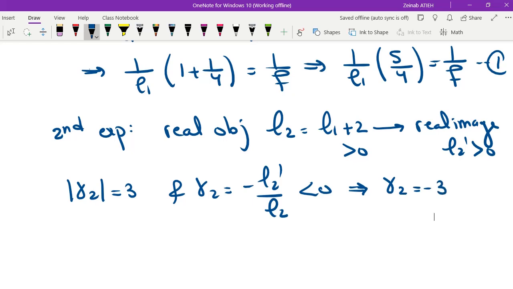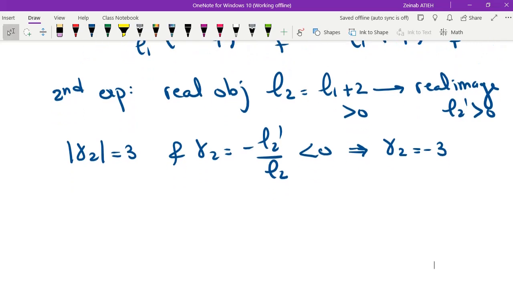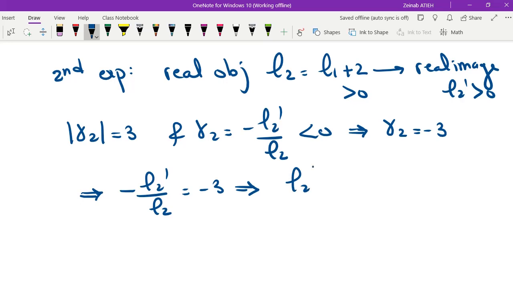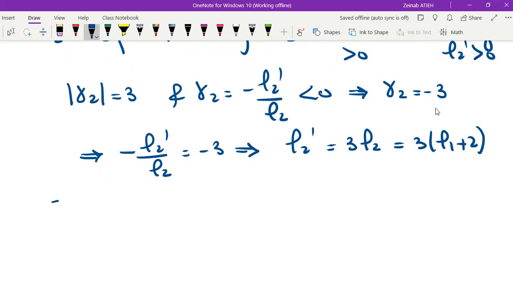Like I did above, I will do the same: I will make a relation between L1 and F. Actually I make a relation between L2 and F, and L2 is related to L1. I will substitute for gamma 2: minus L2 prime over L2 is equal to minus 3, which implies L2 prime equals 3 L2. Okay, so this is the relation. I can substitute L2 for L1. I will get 3 L1 plus L2. This way I have linked it with L1, which is the first experiment. I will now use the lens formula.